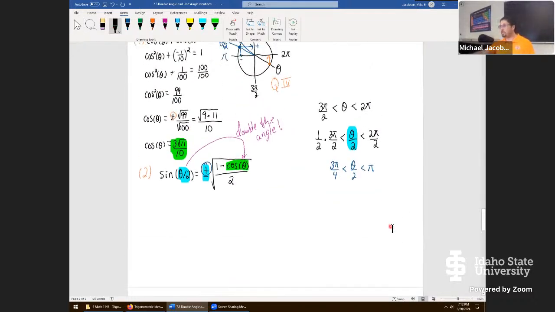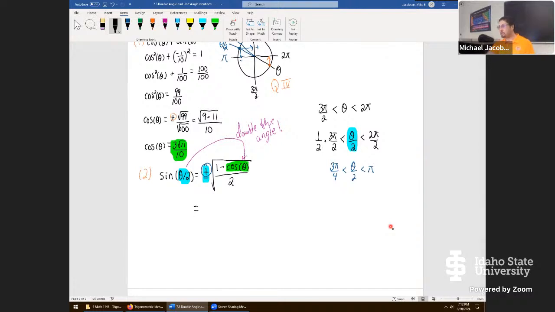So on our very next step, we're going to say that this is equal to, I'll drop the sign. If we're using positive, we don't have to state a positive sign. And we'll go 1 minus, and usually you want to make that a little bit longer because we have to simplify on the inside. It's 3 root 11 tenths divided by 2.